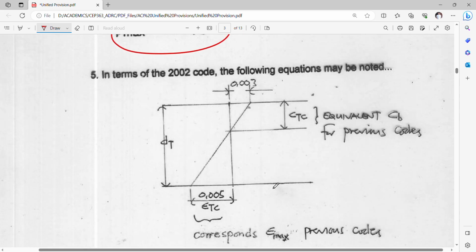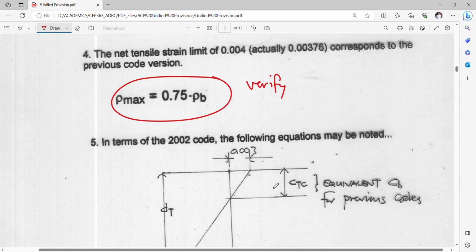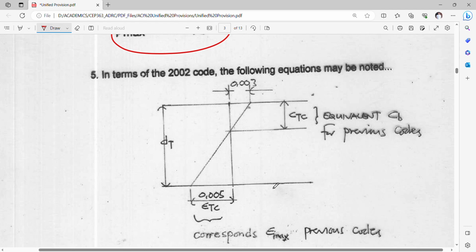Okay, for the 2002 code, the following equations may be noted. No? So if we are going to convert your parameter c_b in terms of c_tc, where c_tc, the tension control, is defined by this epsilon tc 0.005 as provided for in the ACI code provision.